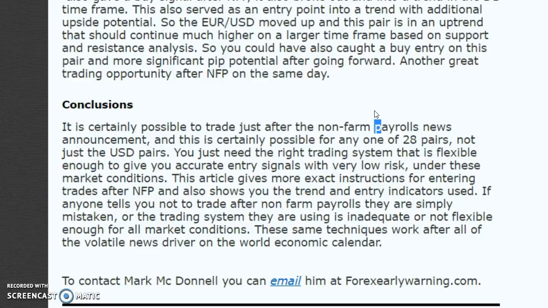Just check to make sure your signals are good and consistent, and trade the continuation of the trend based on the Forex Heatmap and the smaller time frames. Hopefully you're trading in the direction of the larger trends. This same technique will work after any volatile news driver on the world economic calendar for any of the 8 currencies that we trade.